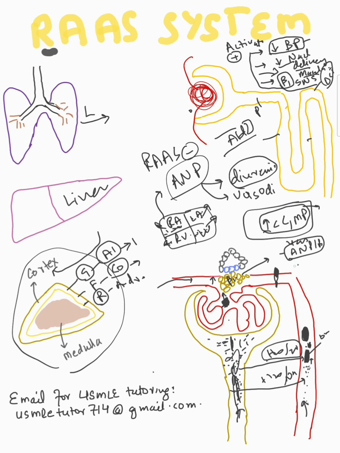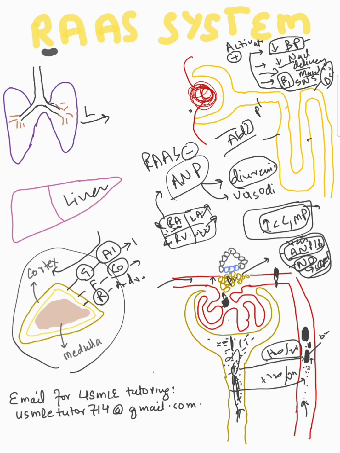Another one is nitric oxide, which also acts through cyclic GMP and causes vasodilation. Both are vasodilators. So cyclic GMP in general, if they ask, causes vasodilation.